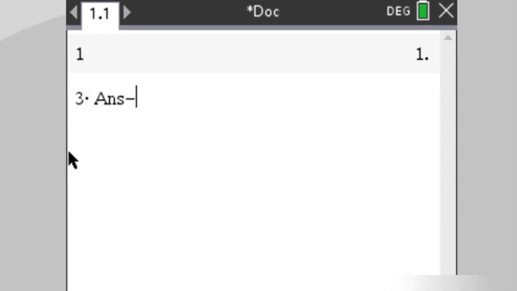Then we're going to take away 1. So we're literally typing it in as we see it on the recurrence relation. When I hit enter, it picks up the previous answer and substitutes it in where we had answer written. When I hit enter for a second time, it automatically picks up the 2 and drops it into that rule.